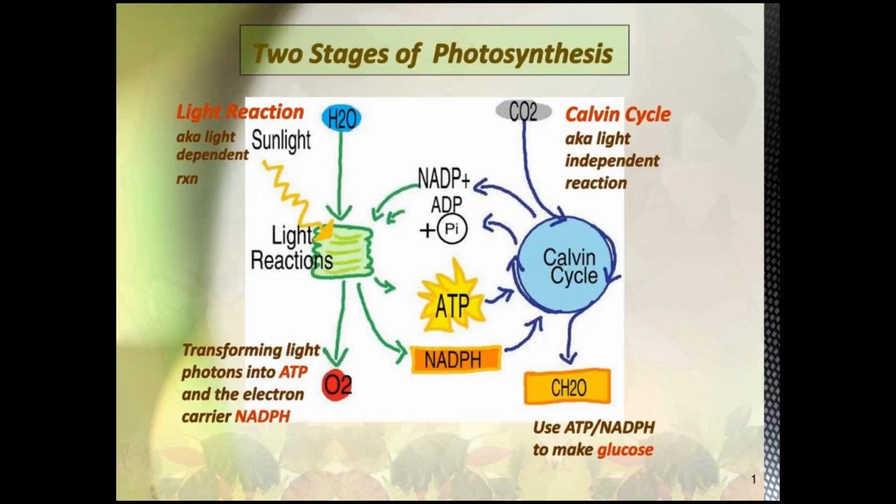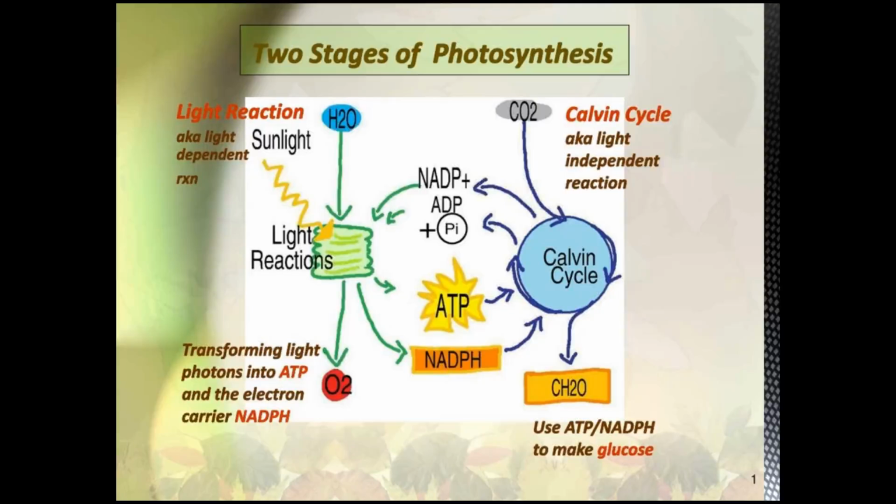One more time I will teach this picture, the two stages of photosynthesis. Everybody see the picture: the light reaction and next the Calvin cycle. On the left side is the light dependent reaction. Water is going inside and oxygen comes out. At that time light comes from the sun.